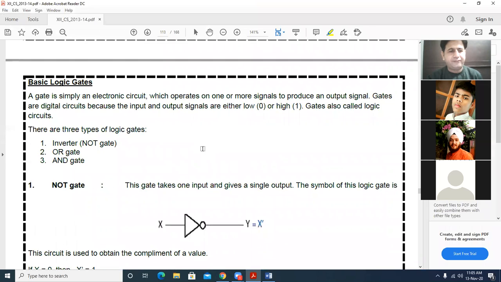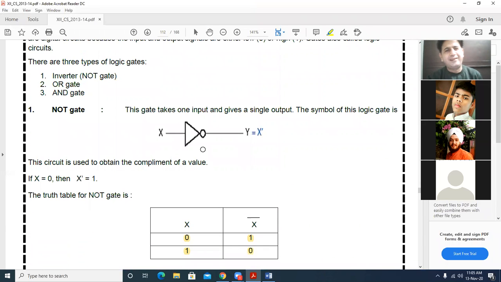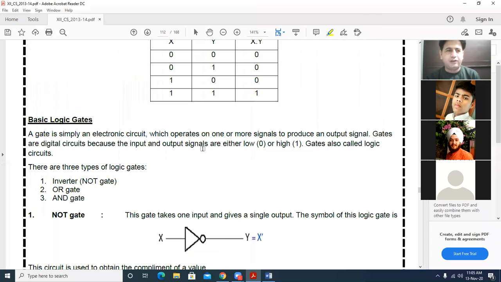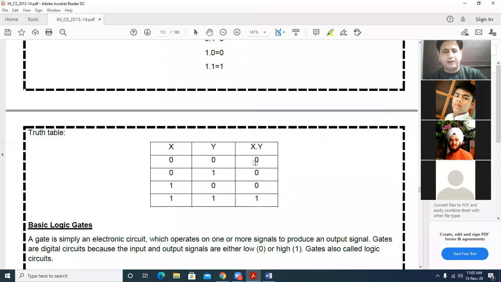ओके और सर, in the case of and, and सर एंड मींस कि दोनों ट्रू होने चाहिए. Yeah, all the true. If all the variables are true, overall result is true. Look at here.